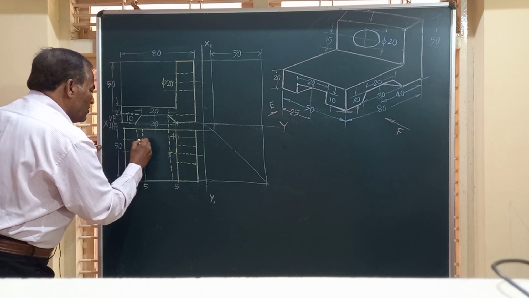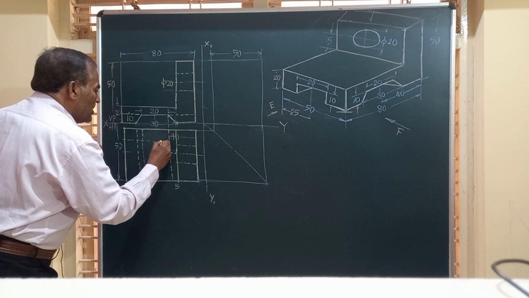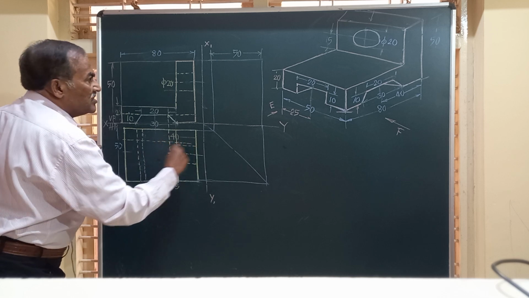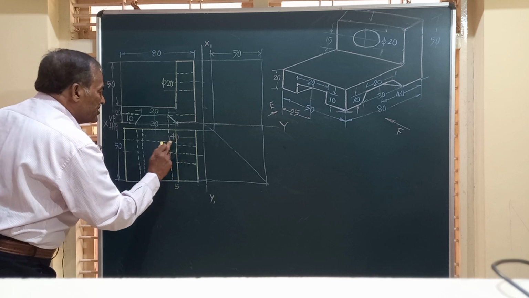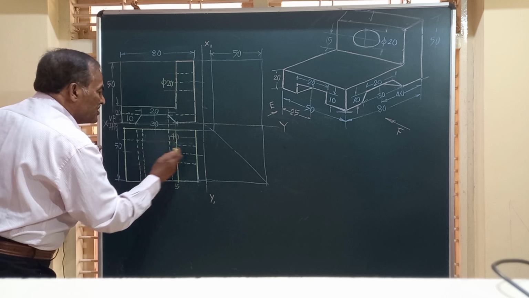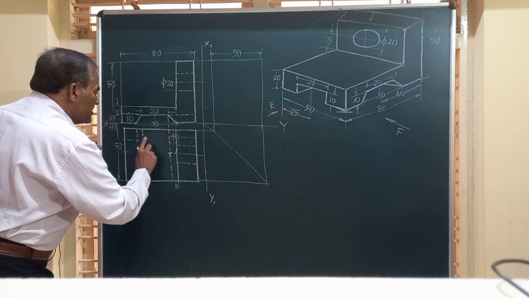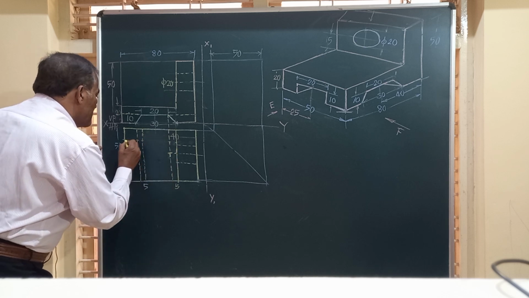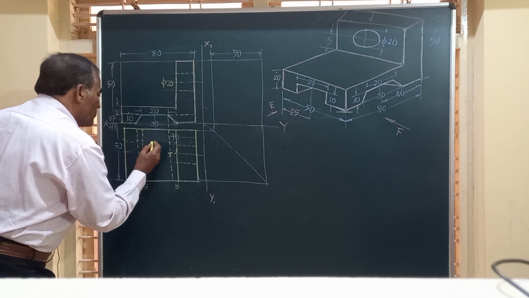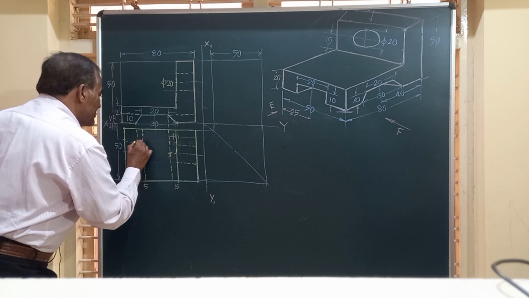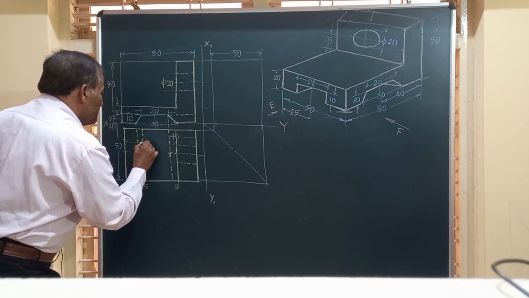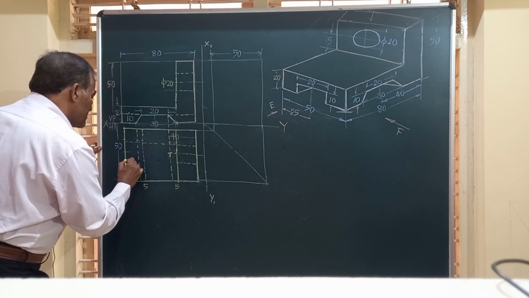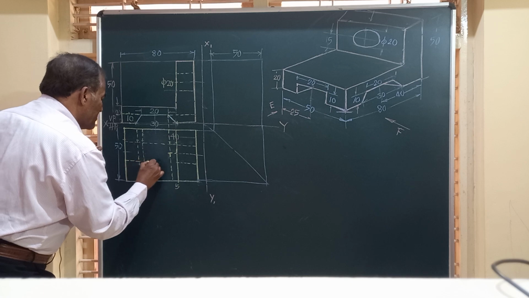That slot is not visible in the top view and hence I show it by a dotted line. The hole diameter is 20, so you are going to have a line here coinciding with the line already drawn for the hole, because they have the same diameter. So one more line you are going to get.